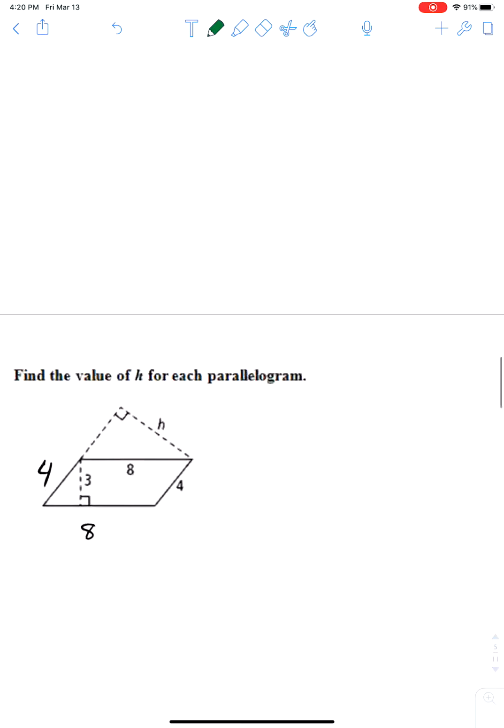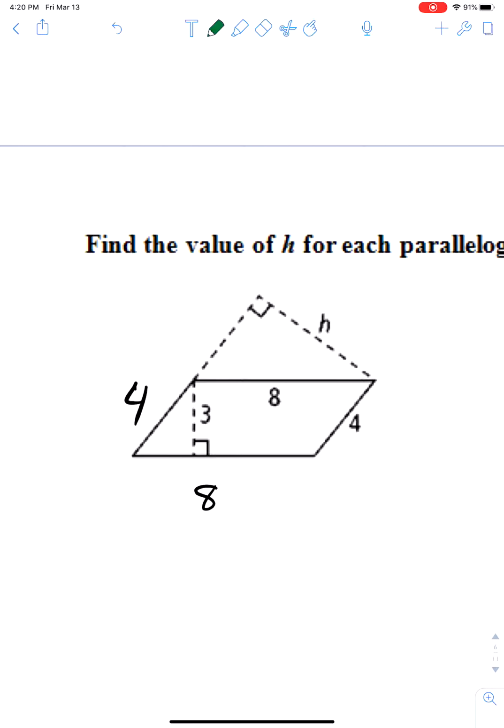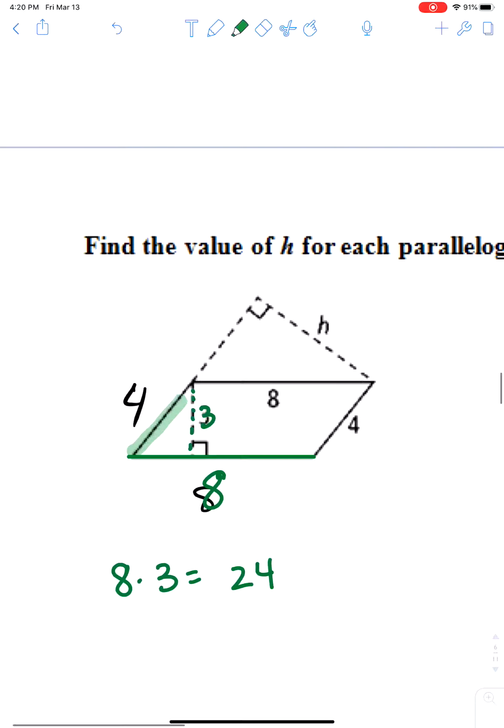If we keep going, this one wants us to work backwards a little bit. They're like, okay, well, if this is the base of 8, and this is a height of 3, I can easily find the area to be 8 times 3 is 24. But then they were like, what if I turned it sideways? And the 4 right here was the base, and they wanted to know what this height was. So my area is still the same here.